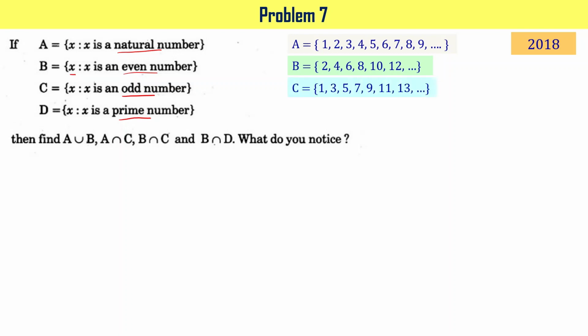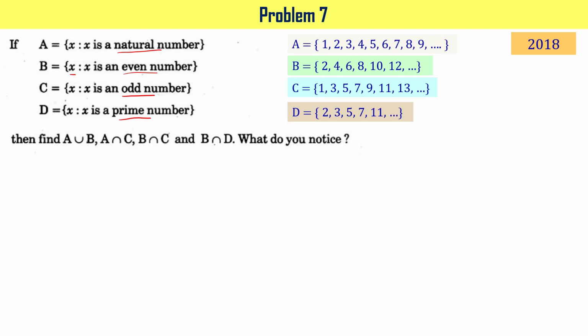Let's write that. C equal to a set containing elements 1, 3, 5, 7, 9, 11, 13, and so on. D is a set of prime numbers. D is a set containing elements 2, 3, 5, 7, 11, and so on, right? Now, since we have written the sets A, B, C, D in their roster form, now we can start with the problem.